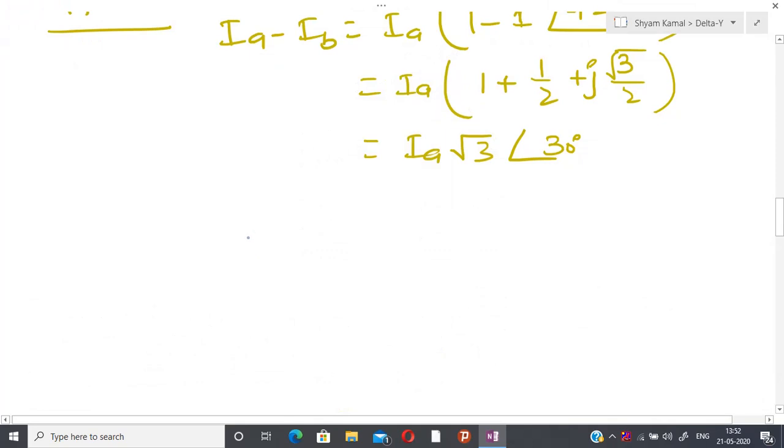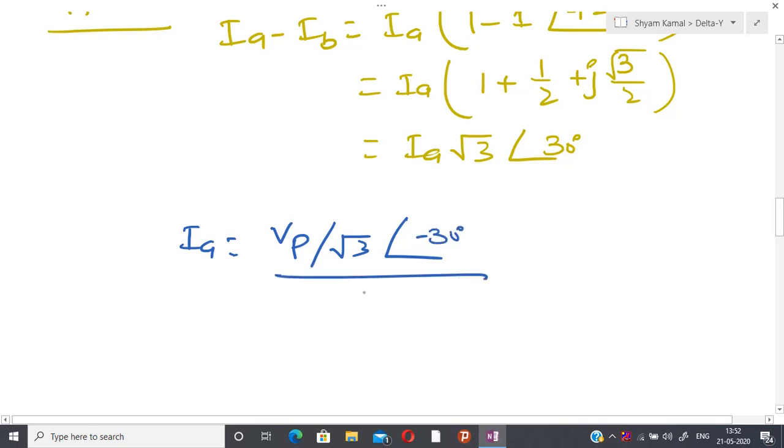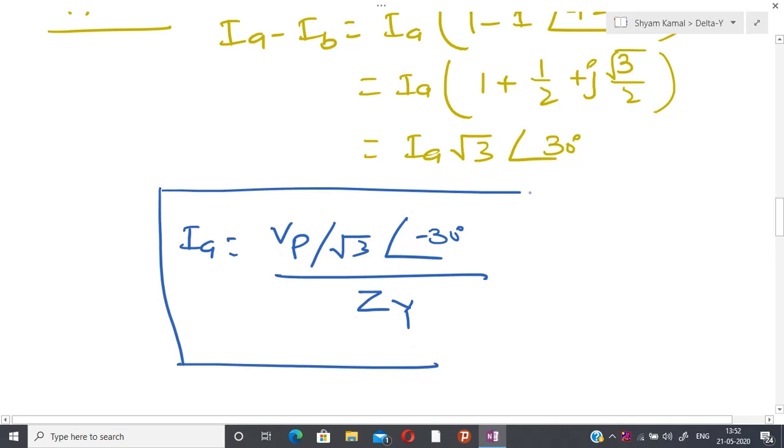So basically I have now IA, that is VP by root 3 and angle is minus 30 degree, by Z. So in this way I am able to calculate the line current.